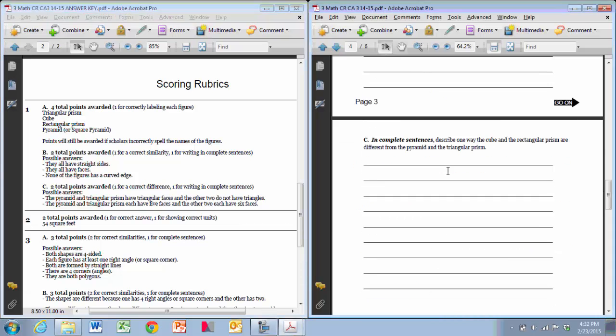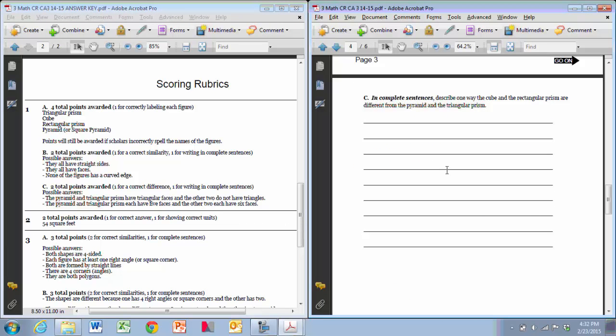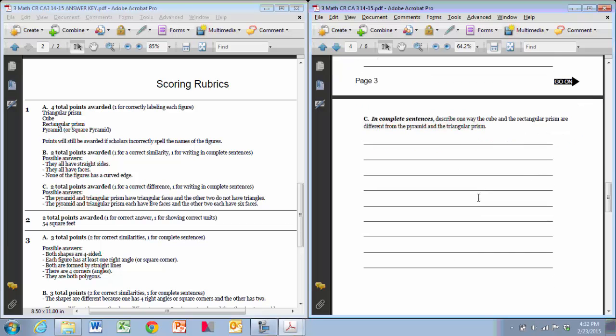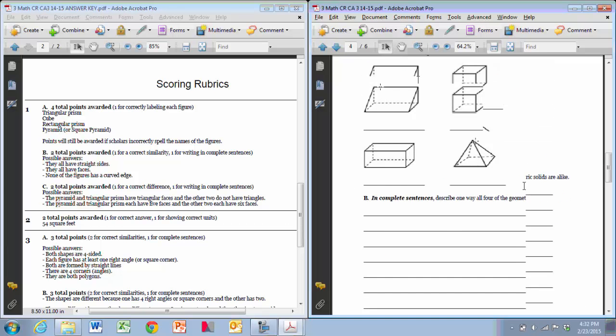So moving on to part C, again you'll notice that it is bolded and italicized for them to write in complete sentences. And it says, describe one way the cube and the rectangular prism are different from the pyramid and triangular prism. So we are looking, how are these two different from these two?